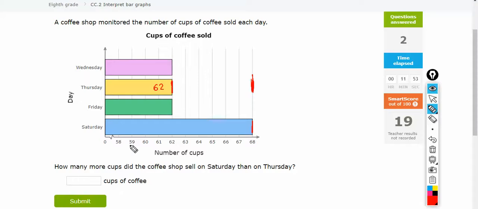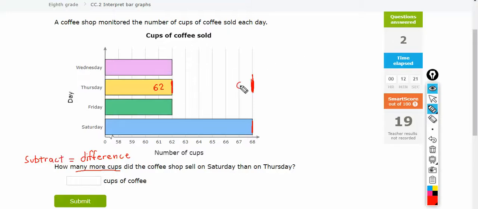When they say how many more, they want to know the difference, and difference means to subtract. When I say difference, I'll need to subtract.